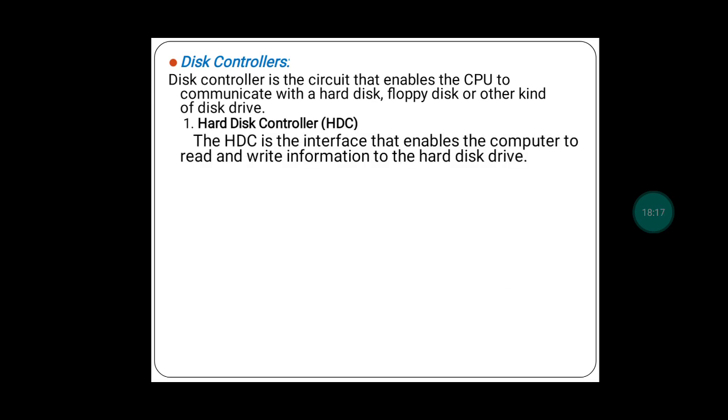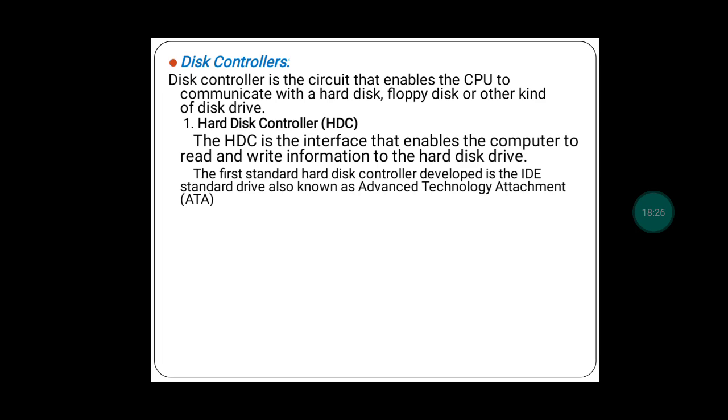That is nothing but disk controllers. So now we will see the types of disk controllers. The first one is the hard disk controller. What is this hard disk controller? It is nothing but an interface which enables a computer to read and write information to a hard disk drive. Why do we need these hard disk drives?